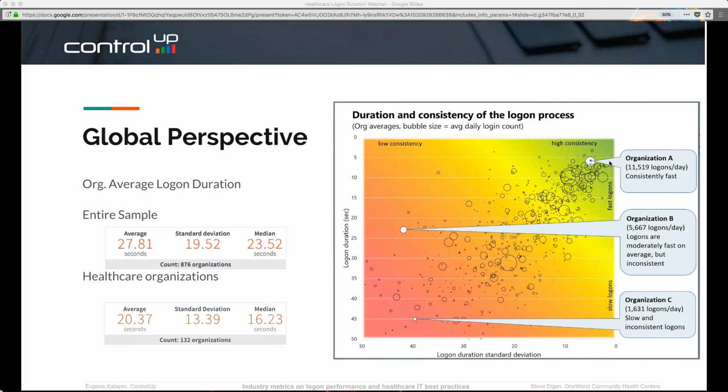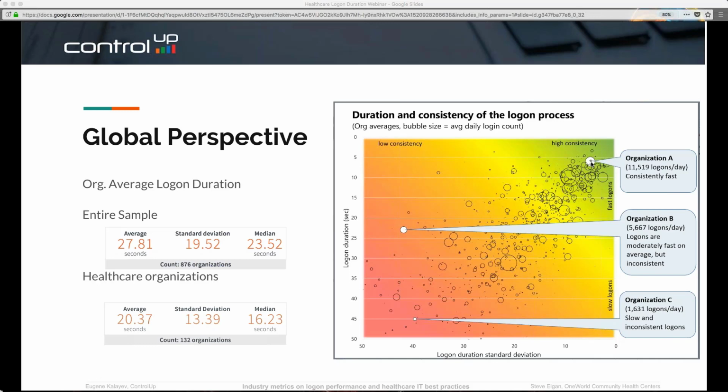So this organization here, of average size for this sample, has about 11,000 logons per day. And we can see that their logon duration, which is on this y-axis, is about 6 seconds. So it's pretty fast given the distribution. But it's not only that the average logon duration is fast, it's also very consistent.